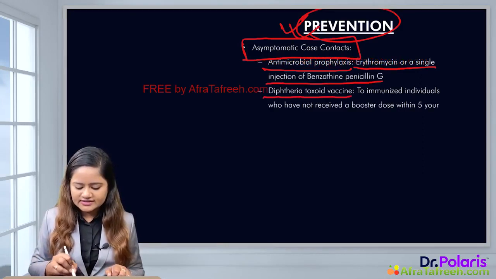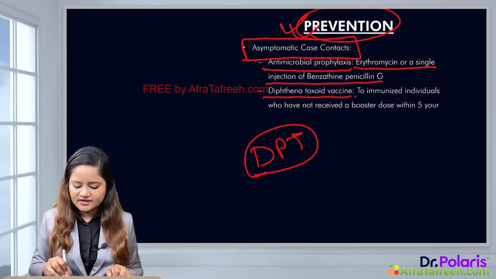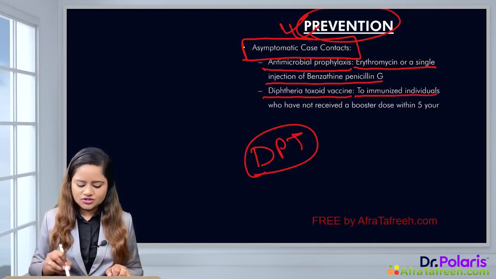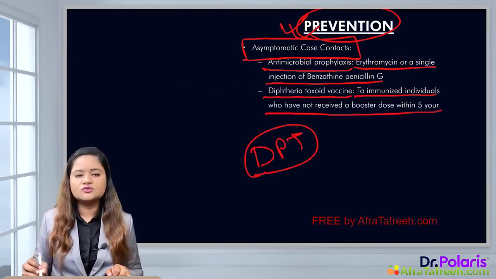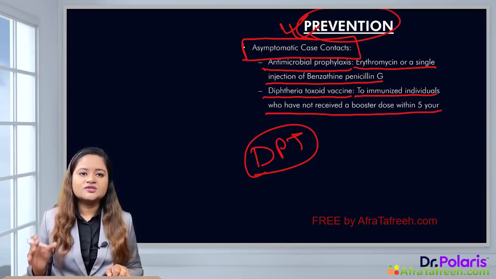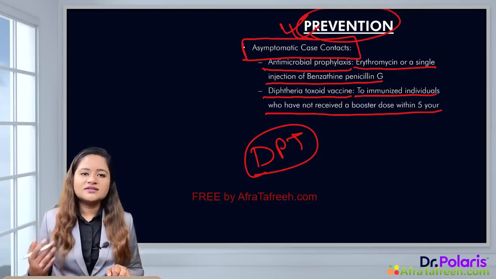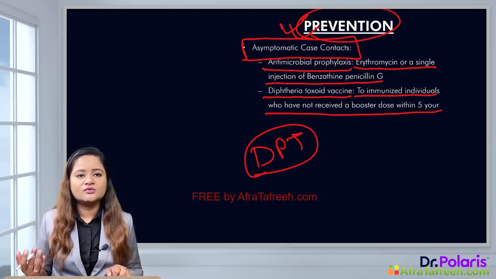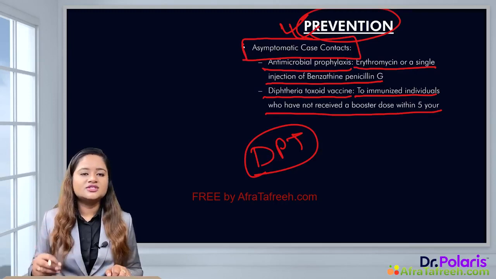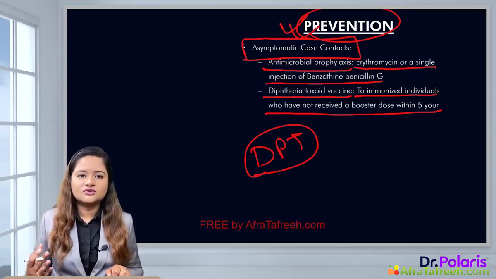The diphtheria toxoid vaccine, that is DPT immunization, which is now given by the government, is very, very important to immunize the children, including a booster dose within 5 years of age. Following the complete step-by-step DPT immunization has led to such a beautiful coverage that diphtheria is now not at all a problem in our country. However, sometimes some cases can occur. It is a notifiable disease, but immunization is the best way to prevent the onset of this disease.